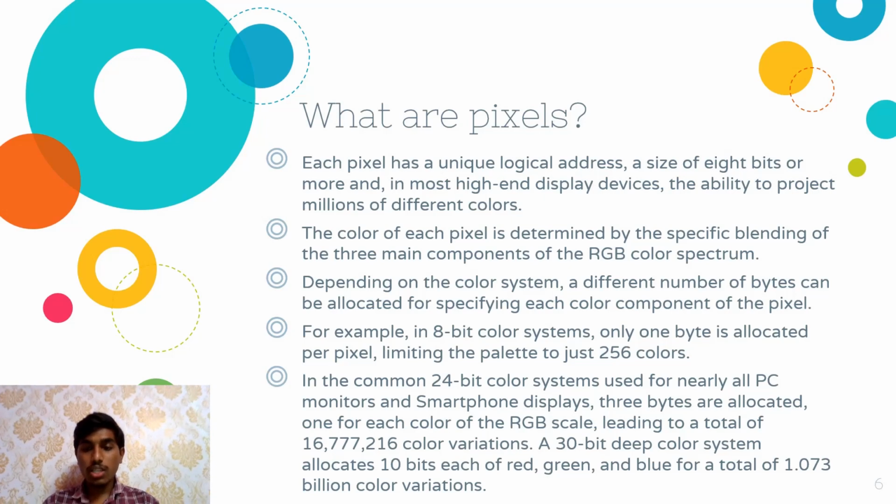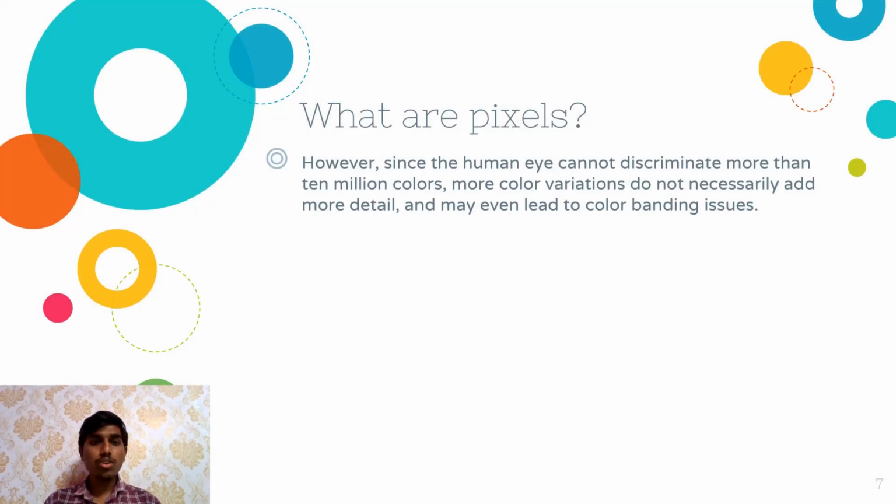A 30-bit deep color system allocates 10 bits each of red, green and blue for a total of 1.073 billion color variations. However, since the human eye cannot discriminate more than 10 million colors, more color variants do not necessarily add more detail and may even lead to color banding issues.